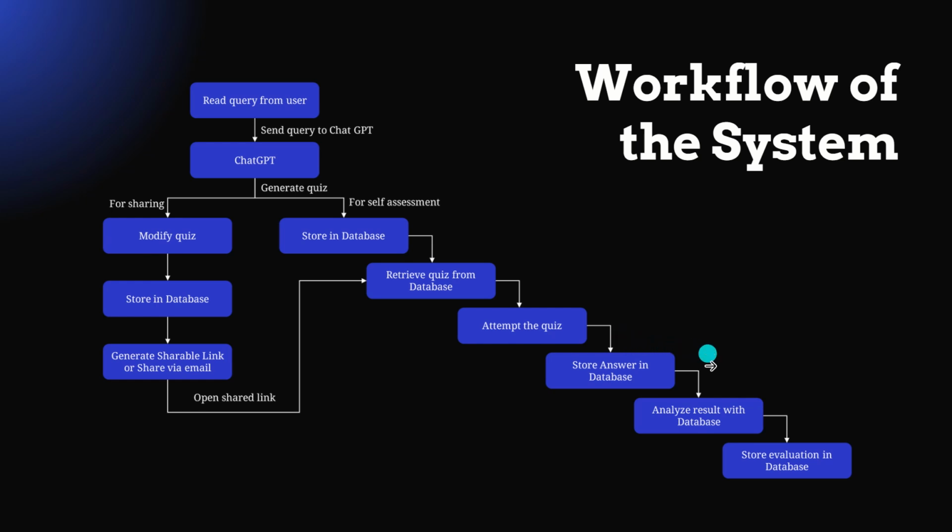And after storing it, we are analyzing the actual answer against the user's answer, and again store the evaluation in the database. And if it is for the sharing purpose, the user can modify the quiz, and again the quiz will be stored in the database, and one unique URL will be provided to that user, which the user can share with others. So it is a very straightforward workflow diagram, right?